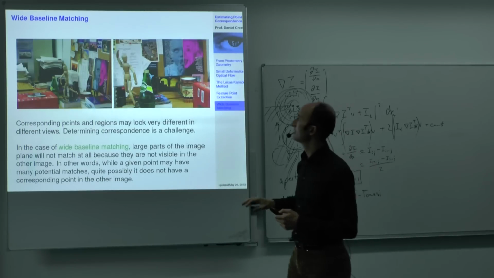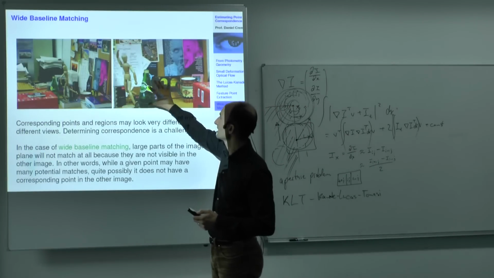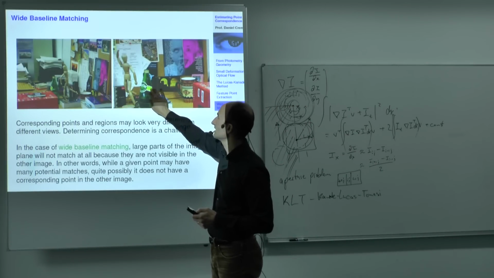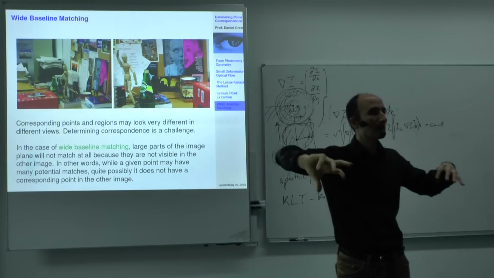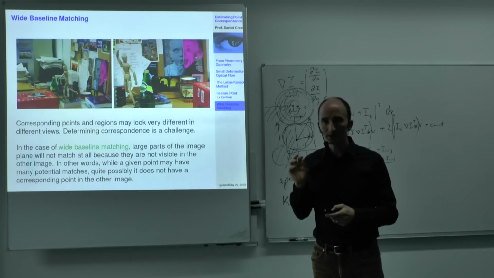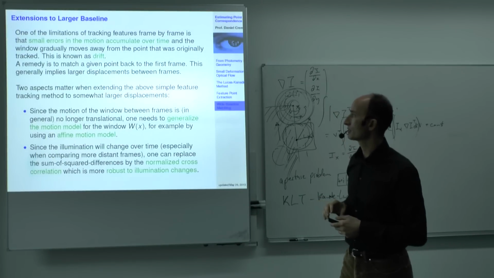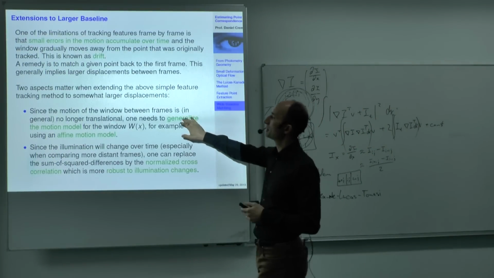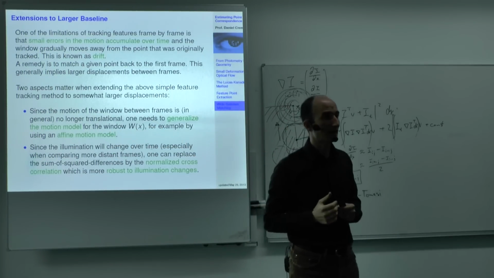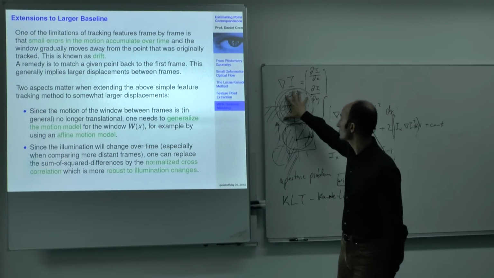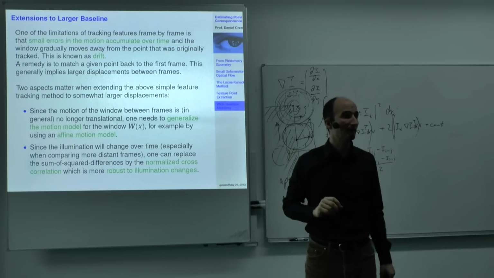If we go back here, if I just move the camera a little bit and the scene moves a little bit, then essentially structures do a translation. But if I do a lot of camera transformation, then the translational assumption is no longer valid. So we have to go beyond translation, for example, using that affine model, assuming that the velocity in my window is affine.